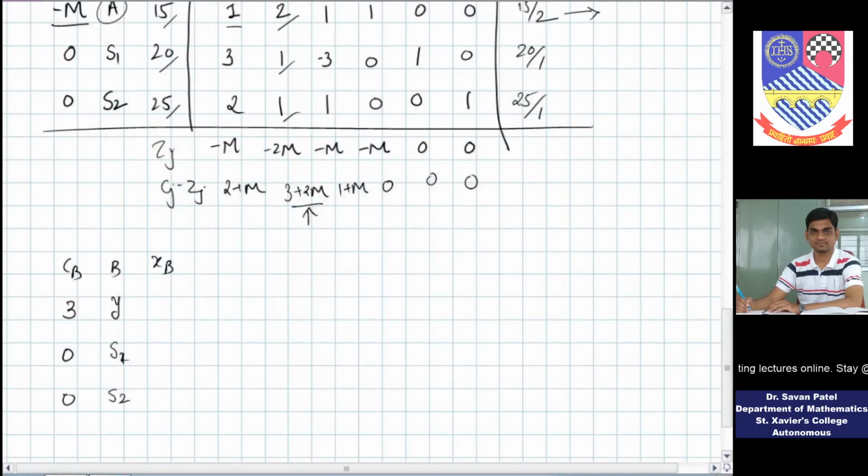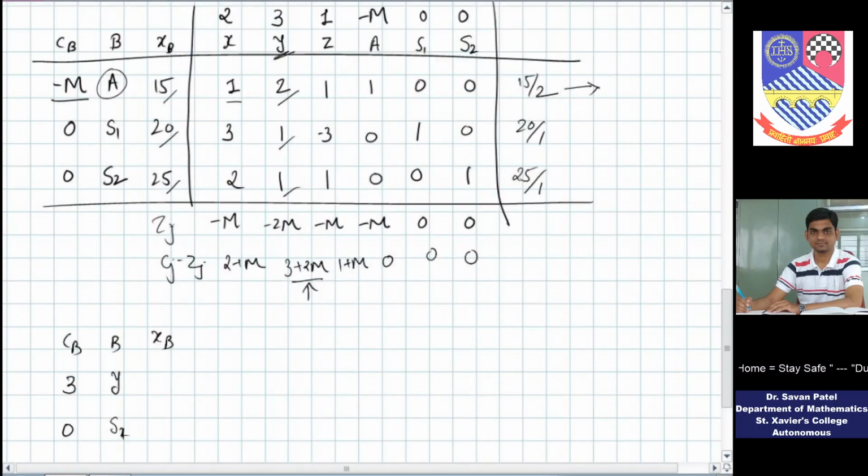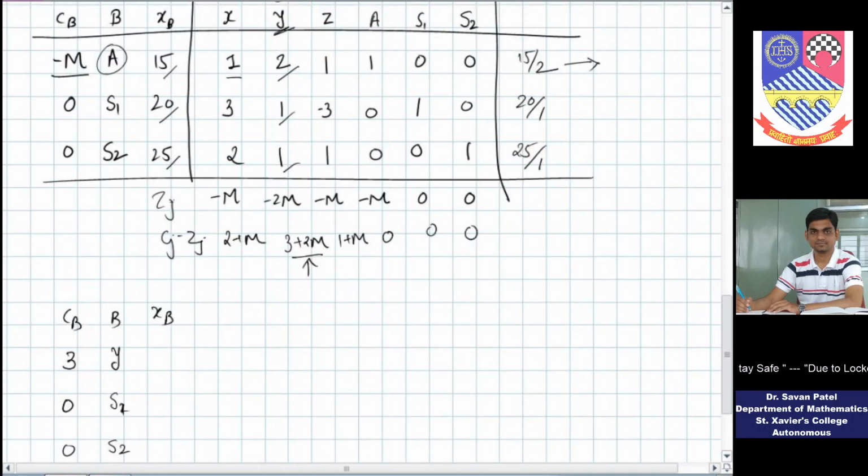Here we know s1 and s2's coefficients are 0, 0. Now to make this entry 1, we have to divide everything by 2. So this is 15 by 2. Here x coefficient, then y, then z.